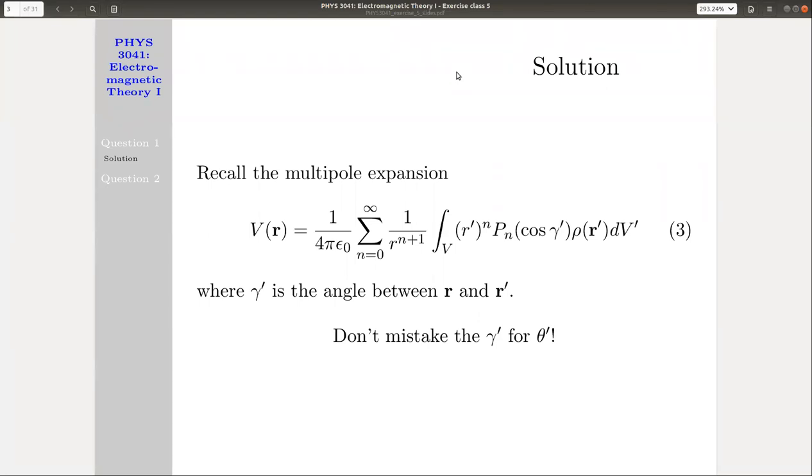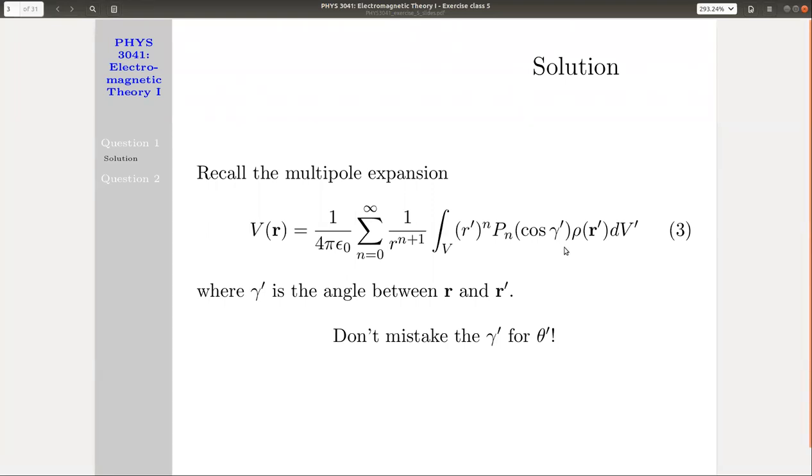As you can see in equation 3 here is the multipole expansion of the potential, but you should keep in mind that the angle in the Legendre polynomial, the gamma prime, is the angle between r and r prime.